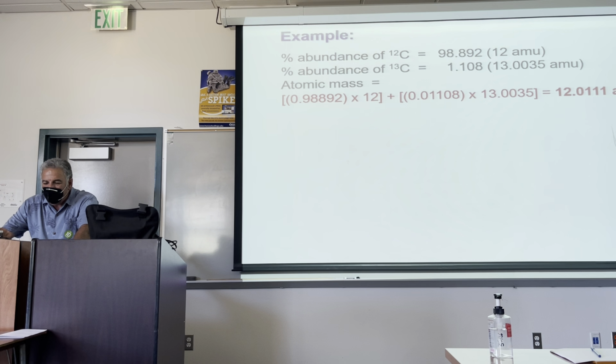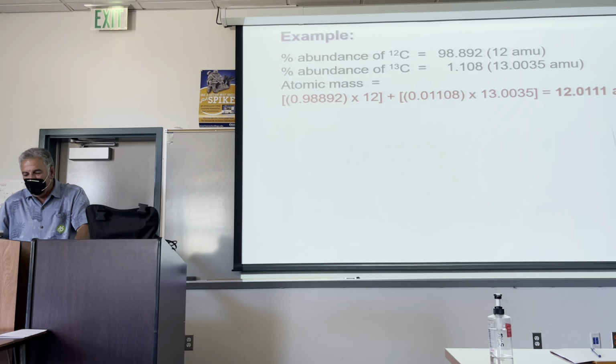To find the atomic mass average of 100 atoms of one element, you would take 98.892% carbon-12 at 12 AMU, and then you have the abundance of carbon-13, which is 6 protons and 7 neutrons, at 1.108% with a mass of 13.0035.